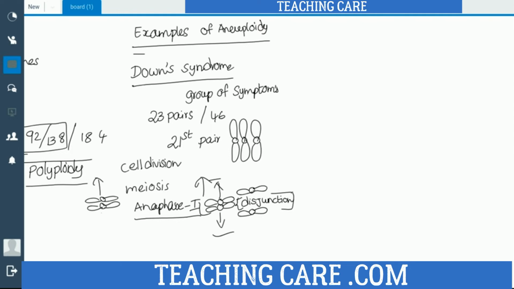Instead of the 21st pair having 2 chromosomes, it will have 3 chromosomes. Due to this improper disjunction, this will happen, which means the chromosome number will differ.